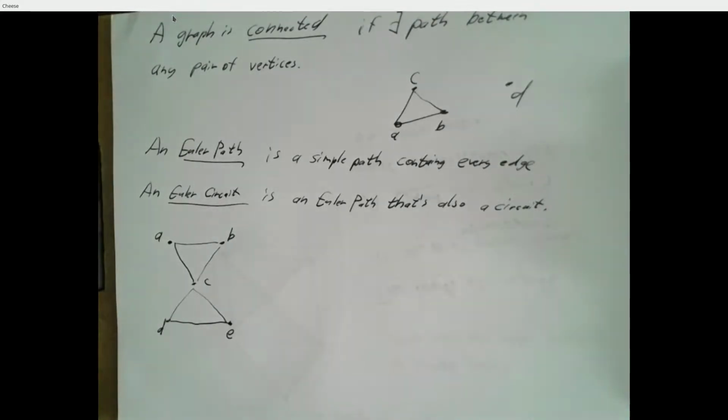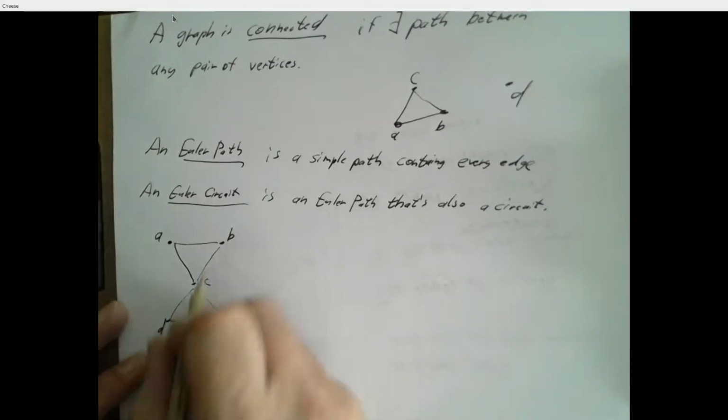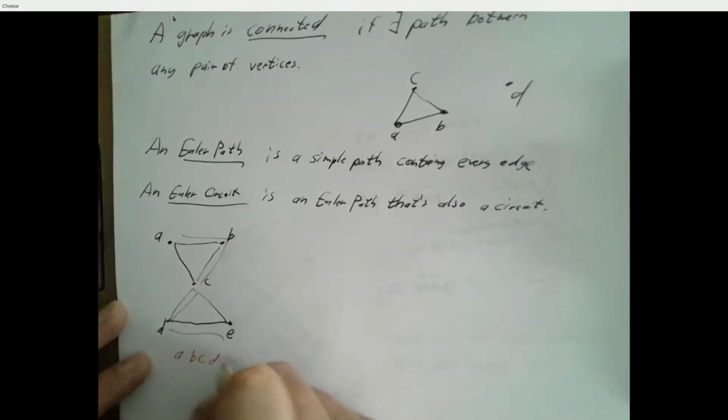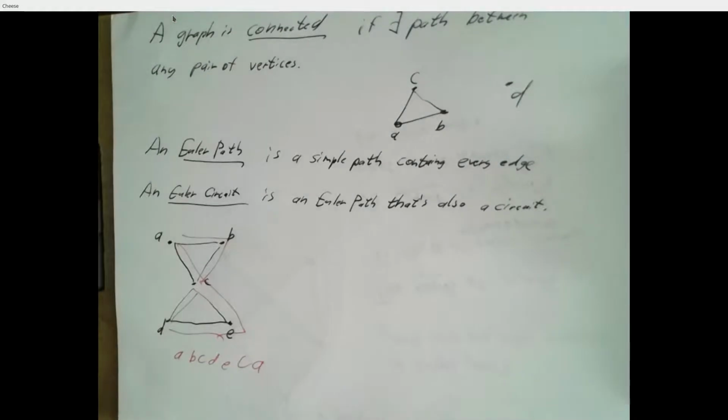So, is there an Euler path through this graph? Is there a simple path that contains every edge? There's bunches of them, right? For example, we could start from vertex A, go to B, go to C, go to D, go to E, go back to C, and go back to A. And we've only used each edge at most once, but we've found a path that contains every edge.